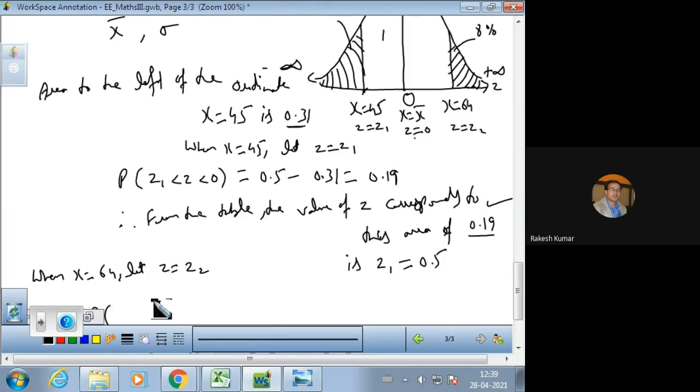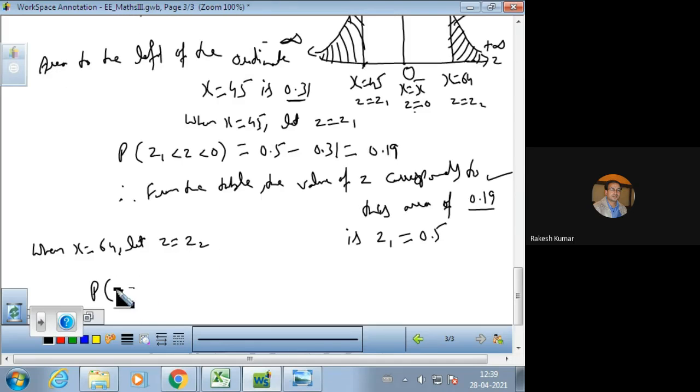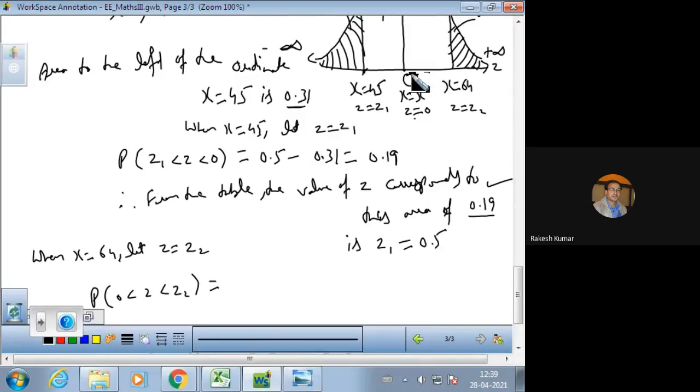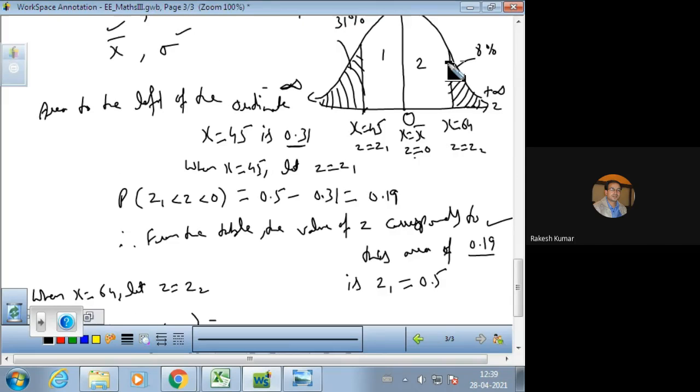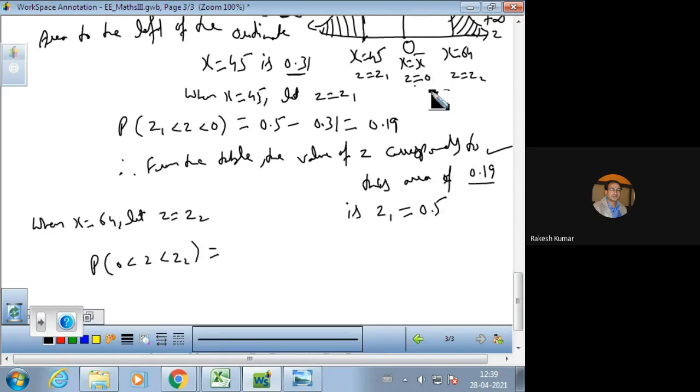So probability 0 to z2 is equal to, now you just see, अब ये एरिया कौन सा आएगा, ये ब्लैंक एरिया मार्क्ड एज नंबर 2. ये जो मीन पोजीशन के राइट में जो एरिया है that is 0.5. सो 0.5 में से ये लाइनिंग वाला एरिया माइनस कर देंगे तो ये नंबर 2 वाला एरिया हमारे पास आ जाएगा. So this comes out 0.5 minus 0.08 is 0.42.